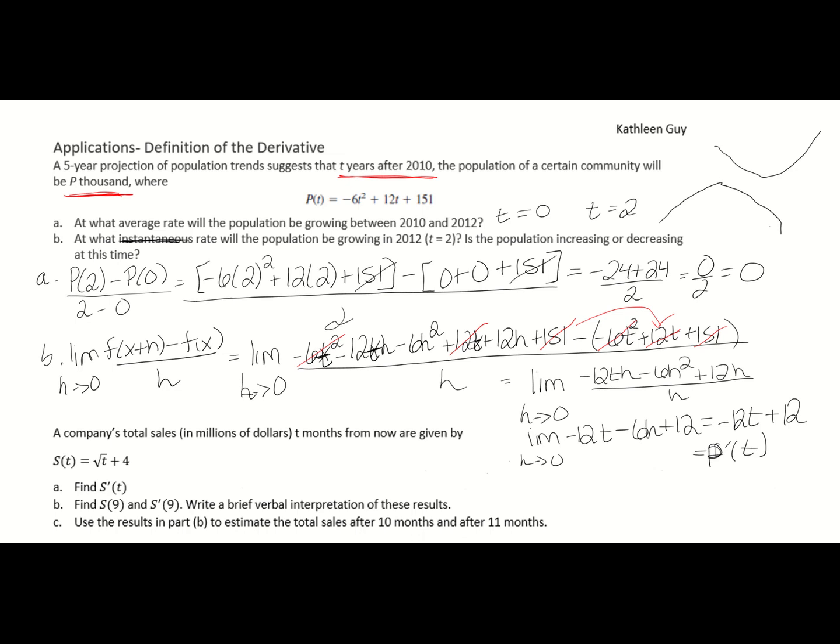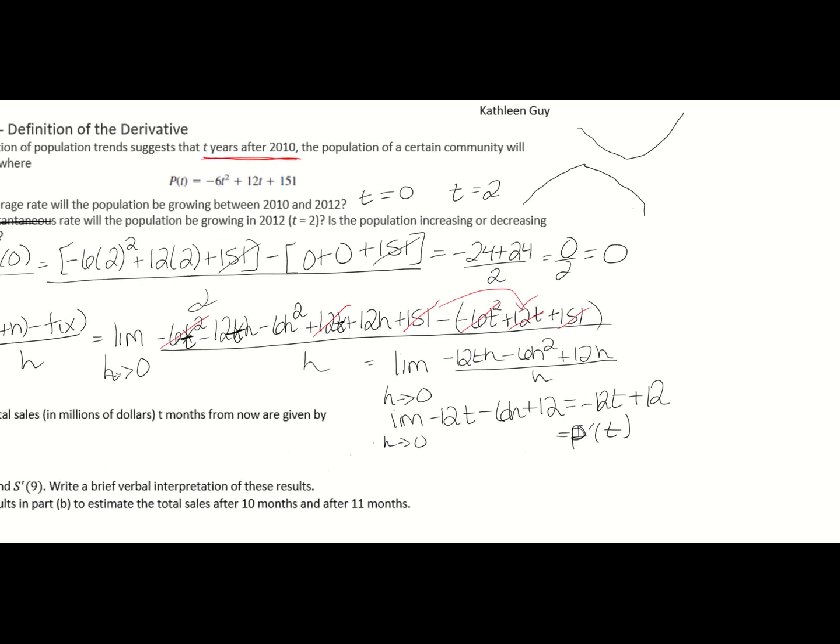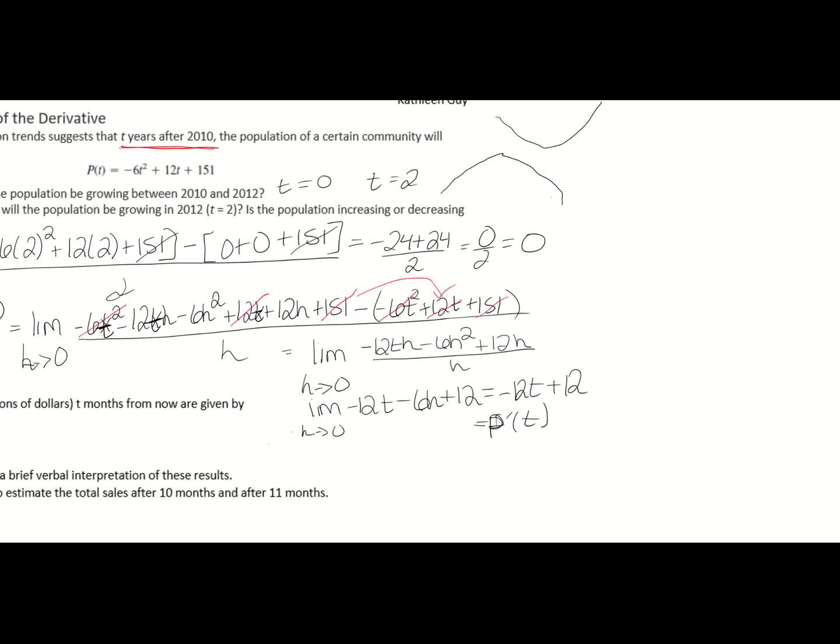So if I want to find the instantaneous rate of change in 2012, which is at t equals 2, I just need to plug in p prime of 2. And this is going to give me negative 12 times 2 plus 12. And so this is going to give me negative 24 plus 12. So it's going to give me negative 12. So what does this mean? Remember that p is measured in thousands.